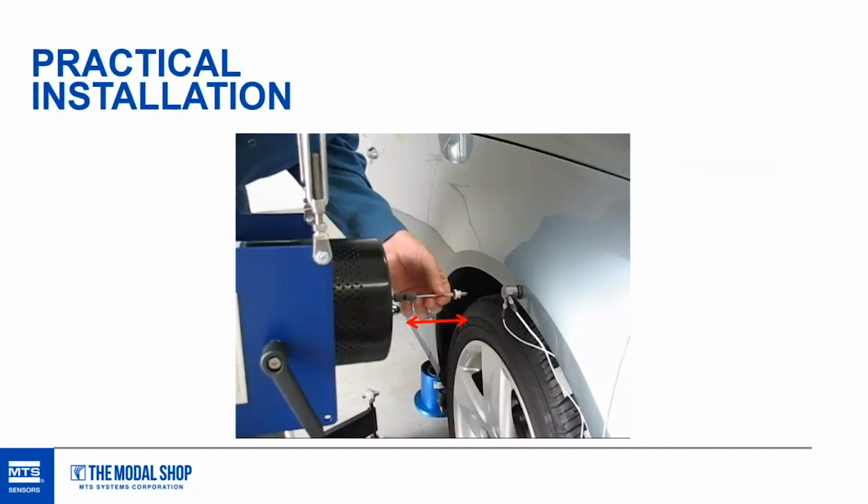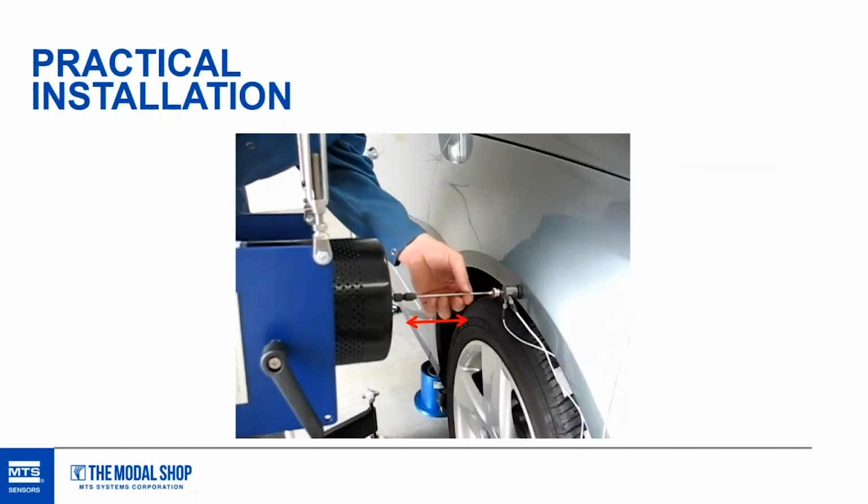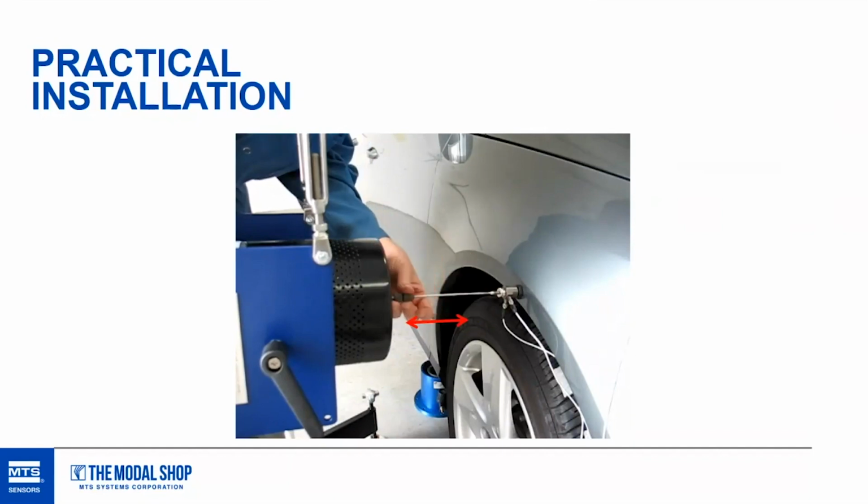So we're going to have a 30 second video here that shows the stinger. Basically you're sliding the stinger through the shaker and connecting it to the sensor that's already installed on the car side. I'm going to show that again just to be sure we capture that on the recording.